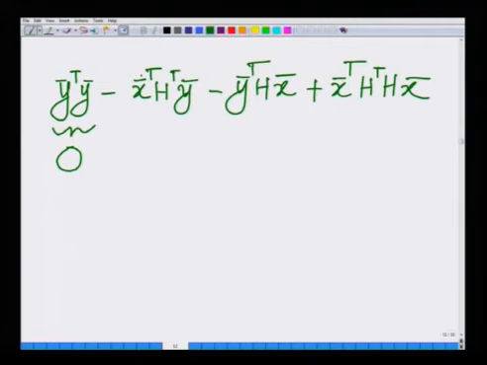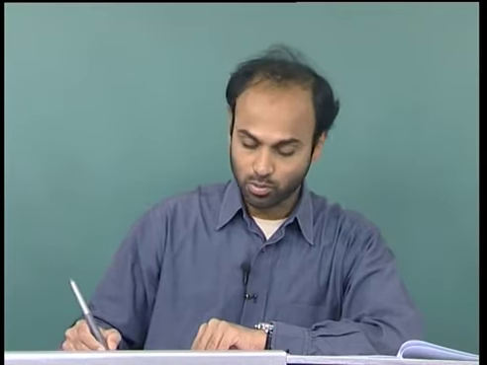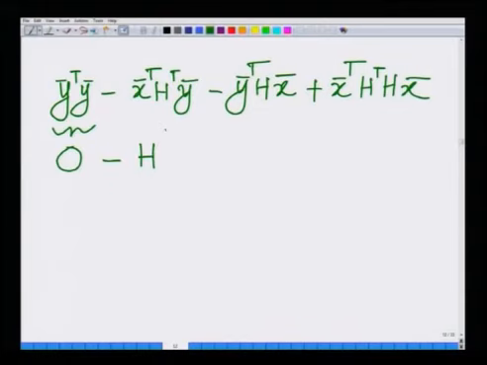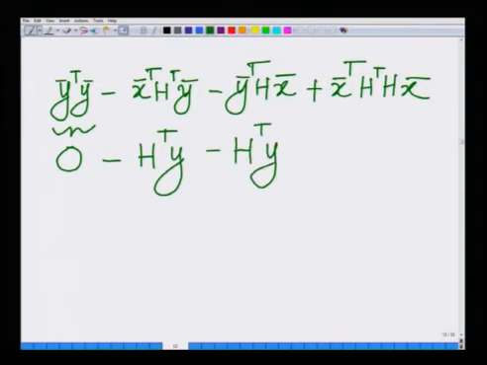We saw that the derivative of x bar transpose c with respect to x bar is nothing but c. Here c is h transpose y bar. So, this is nothing but minus h transpose y bar. The next thing, we have seen that the derivative of c transpose times x bar is also c. Hence, this derivative is also minus h transpose y bar.